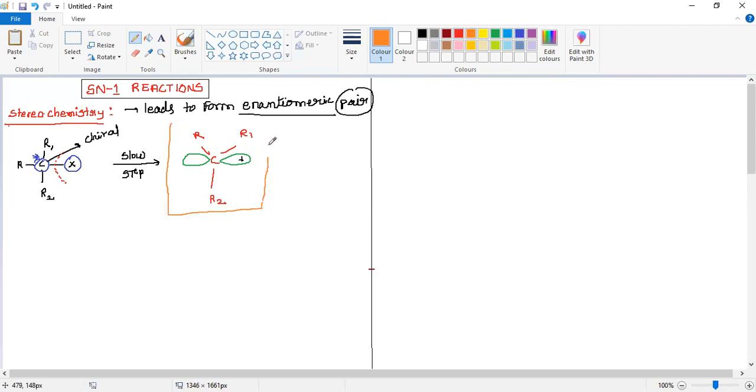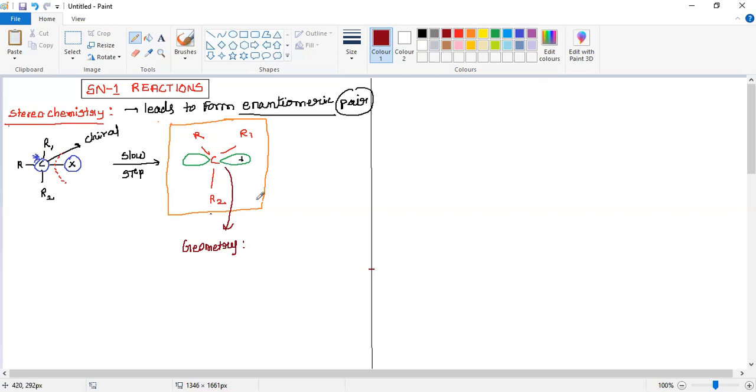structure of the reaction intermediate, what is the geometry of this carbocation now? Could you guess the geometry of this carbocation? Geometry is nothing but shape. What would be the geometry?